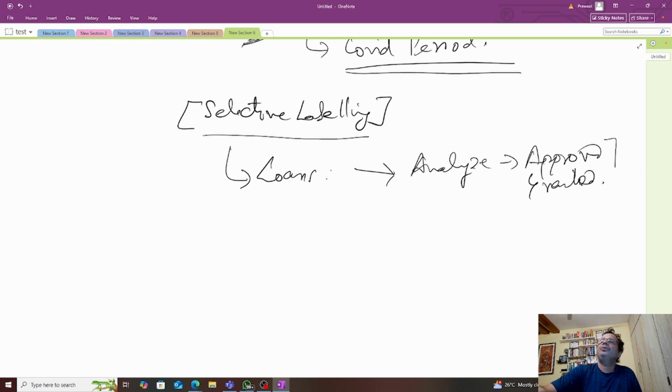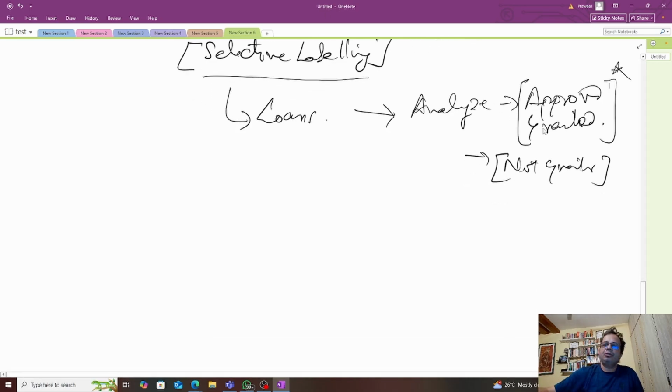They don't look at those loans which were not approved or not granted. So their analysis of how good or bad the loans were is only dependent upon those loans which were granted and approved, which is fair also, because they will not have a lot of data around it, but then it's a kind of selective labeling.